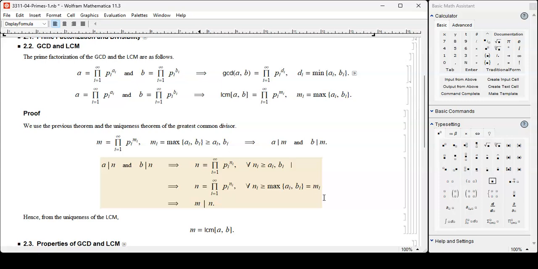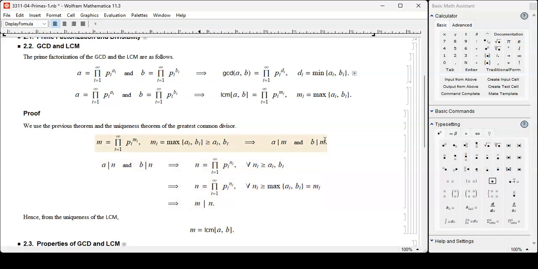So it's greater than or equal to the maximum mi, therefore m divides n. n is divisible by m. So common multiple and minimality: we use the maximum here, but overall, m divides n, so it's the smallest common multiple.